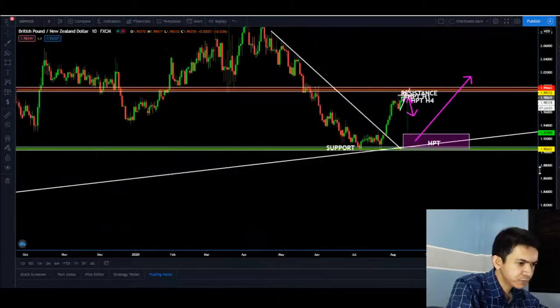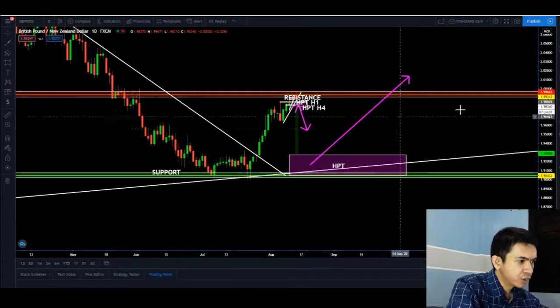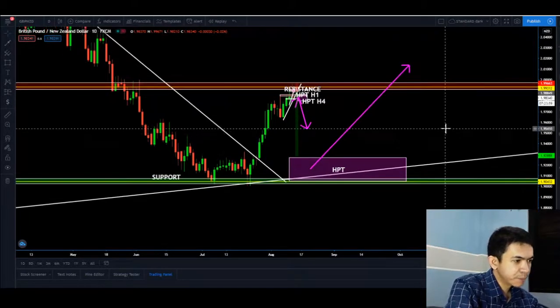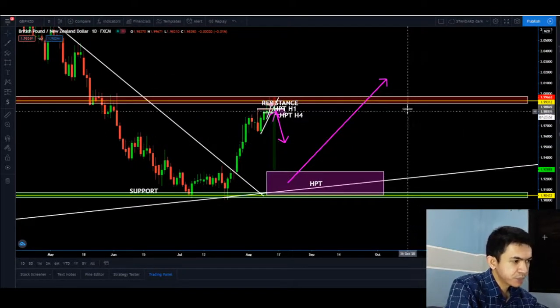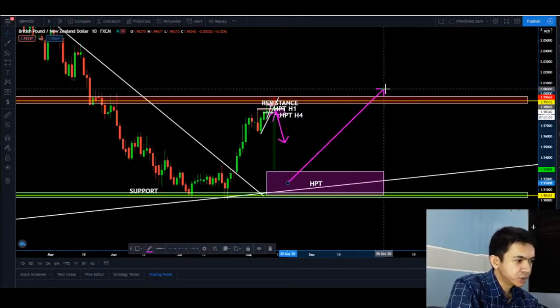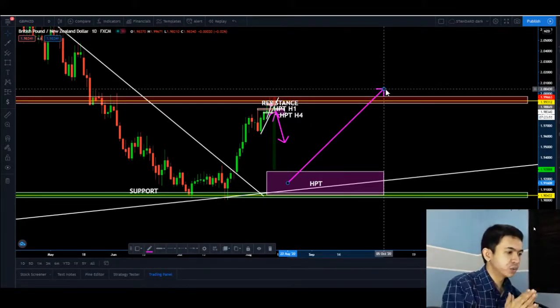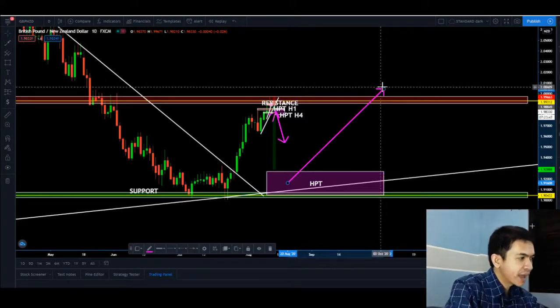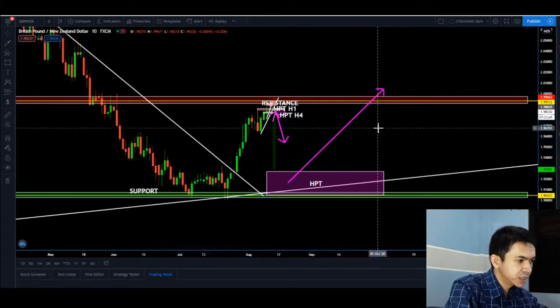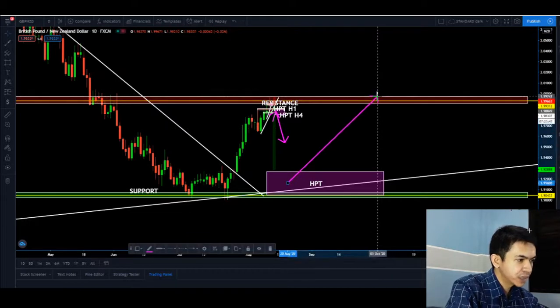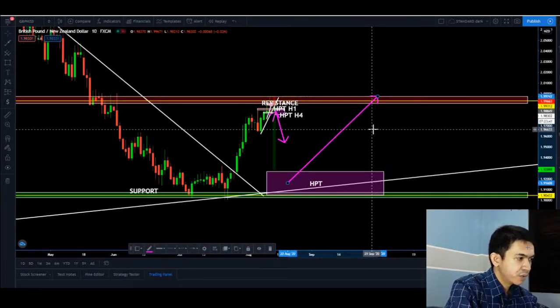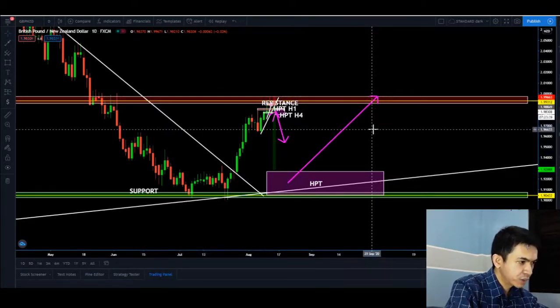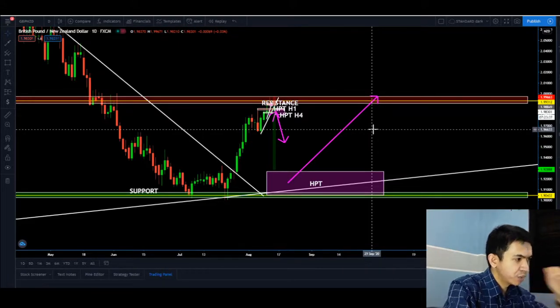So again, I know where the price will be heading, but I'm not predicting. I'm just analyzing, based on technical analysis, where the price could possibly go. We want to be more reactive than predictive. Although we are doing forex analysis as a forecast, we are basing our trades on probabilities.